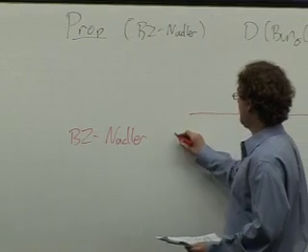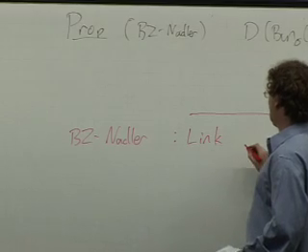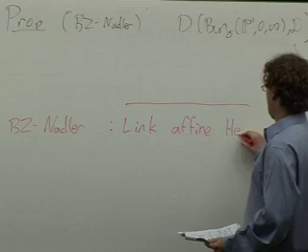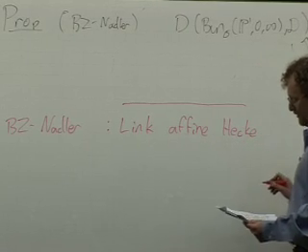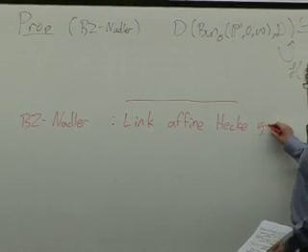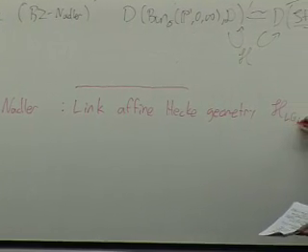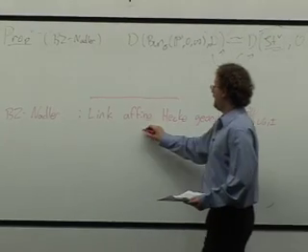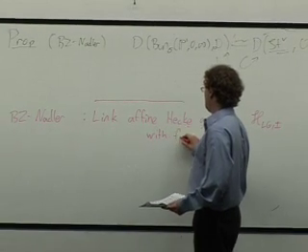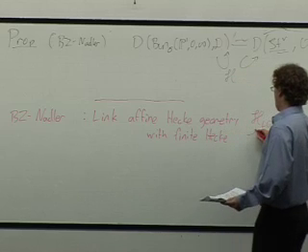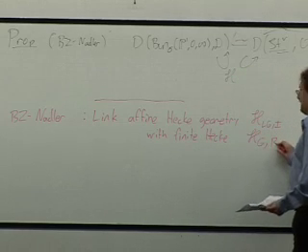We are going to try to link this affine Hecke theory, this affine Hecke geometry, so the theory of Hecke of LG and I, with the finite Hecke algebra, Hecke of GB.